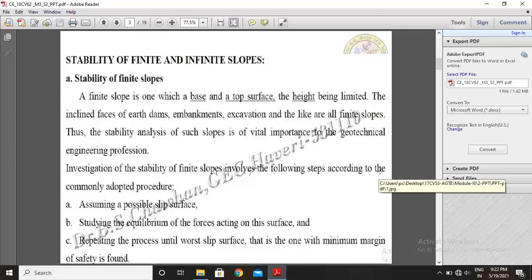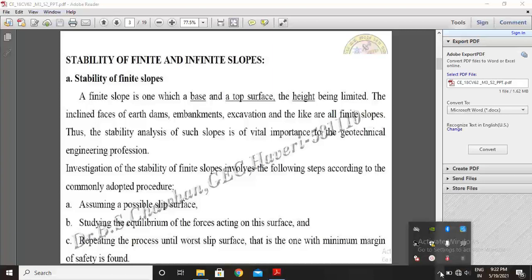Stability of finite and infinite slopes. Stability of finite slope is explained in detail here. A finite slope is one which has a base and a top surface, the height being limited.